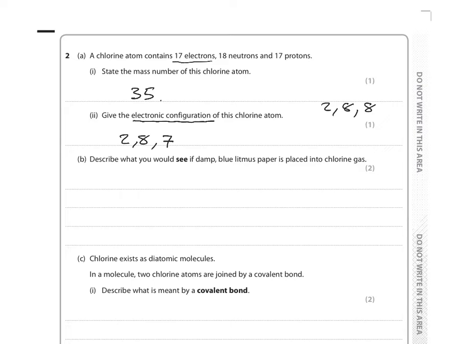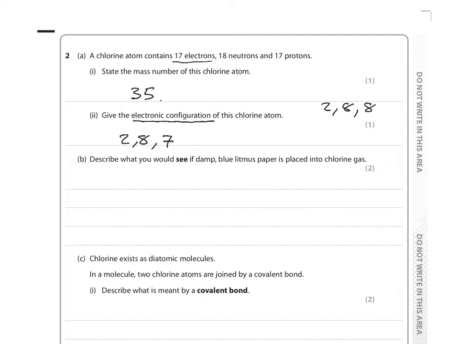Describe what you would see if damp blue litmus paper is placed into chlorine gas. This is a test for chlorine gas, and normally with a gas test it's 2 marks. 1 mark for the test, which in this case is add damp blue litmus paper, but with chlorine there are 2 things that you see, so essentially it's a 3-mark question, but they've told you what to do.